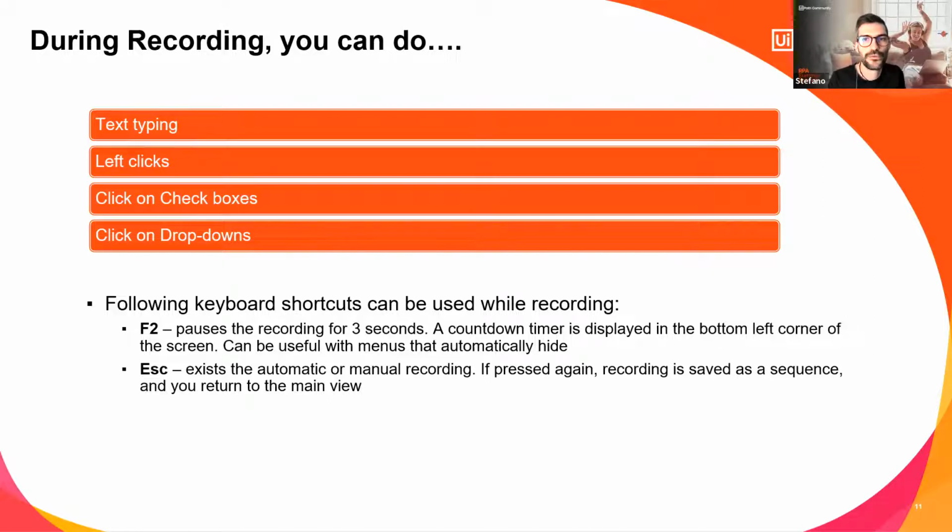This can be useful when you have to pause the recording to do something on the desktop that is not required for your automation. For example, if a pop-up unrelated to what you're automating shows up on the screen, you can pause the recording, close the pop-up, wait a few seconds, and go on.